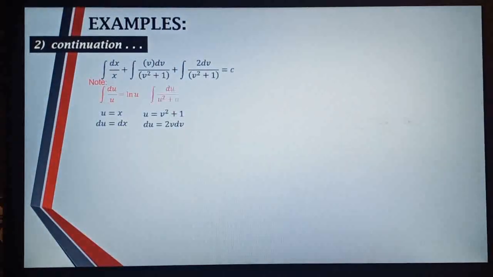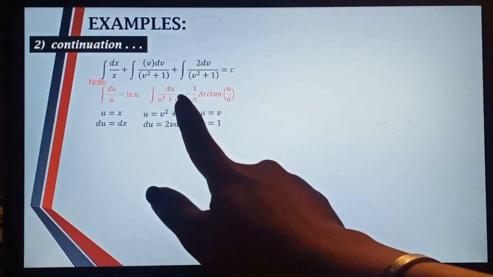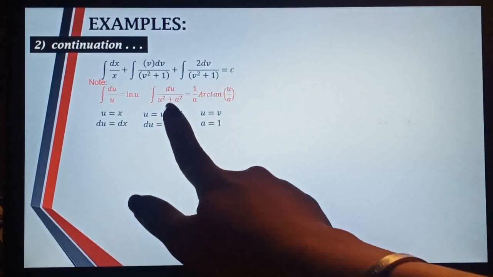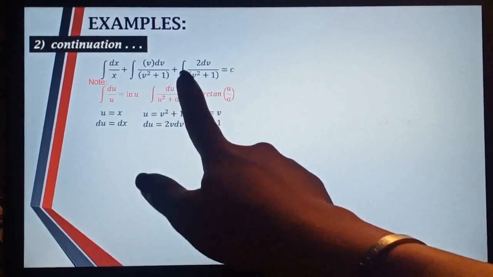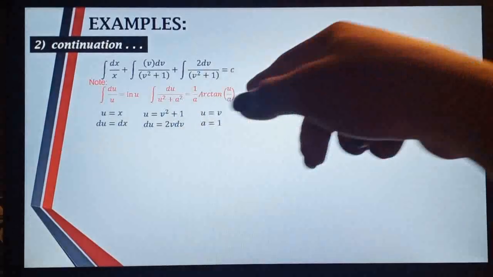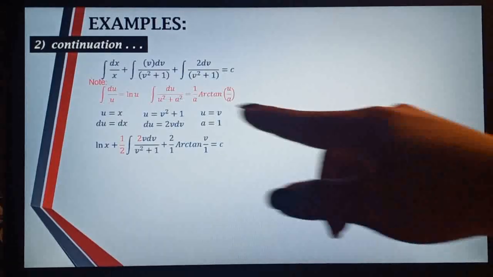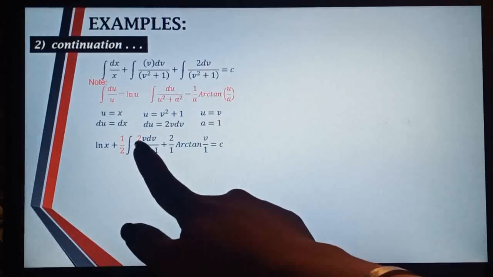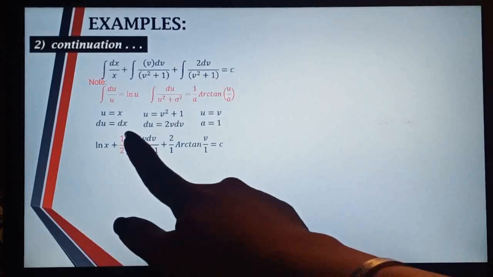Then the last term will fall under the arctan, which is du over u squared plus a squared, wherein your u is equivalent to v and then your a is equivalent to 1. So our equation now is the ln of x. Then dun sa second term, you need to insert 2. Since you insert 2, you need to balance it by 1/2 outside.